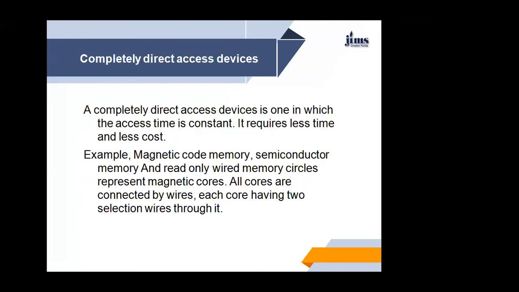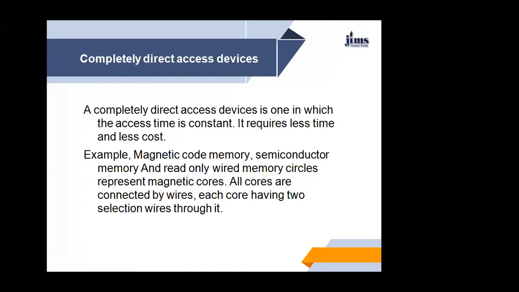Now there is one more thing, the completely direct access device. A completely direct access device is one in which the access time is constant. It requires less time and less cost. Examples: magnetic core memory, semiconductor memory, and read-only wired memory.